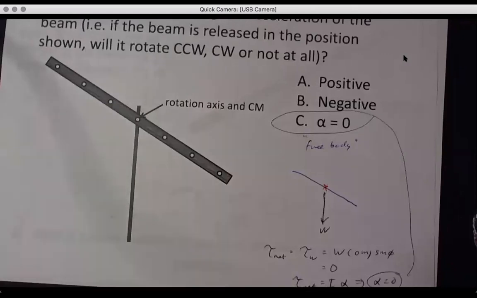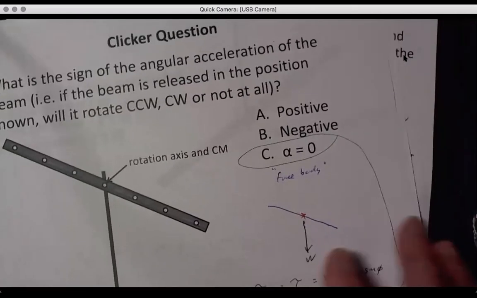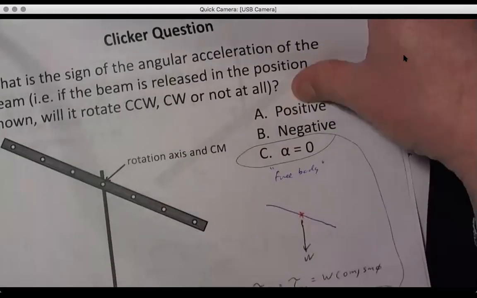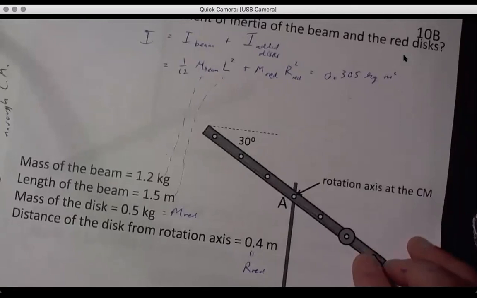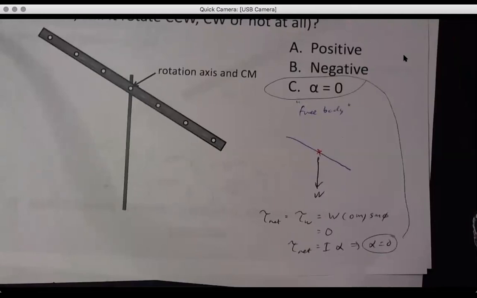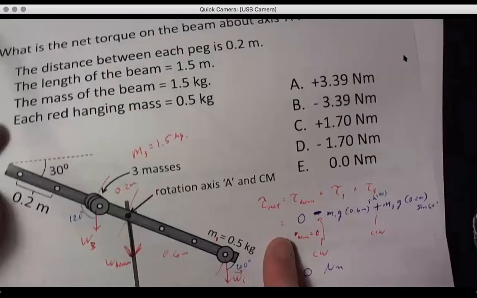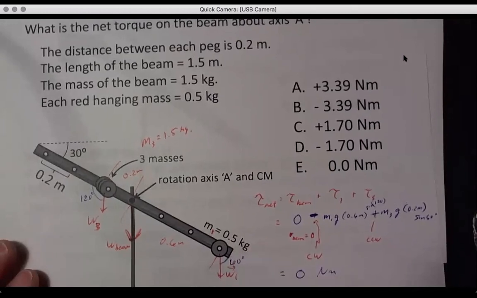It would look a lot like we did, not on this one, but on a lot like on this one, calculating what I was. And then from the torque and from the I, you get the angular acceleration alpha.